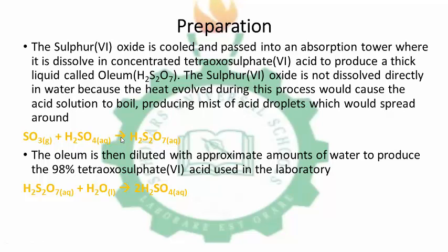I told you before, in the properties of sulfur 6 oxide, that it is an acid anhydride, which means when it dissolves in water, it will produce an acid. And I said when sulfur 6 oxide dissolves in water, it produces the tetraoxosulfate 6 acid, right?